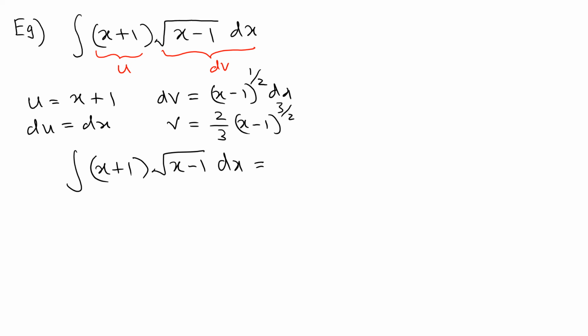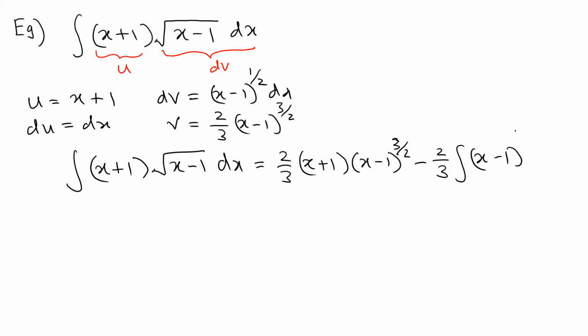We have uv, which is 2/3 times x plus 1 times x minus 1 to the 3/2, minus the integral of v du. I write the number outside, and then v, which is x minus 1 to the 3/2, and du is dx.